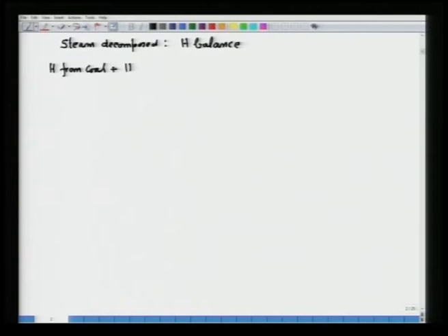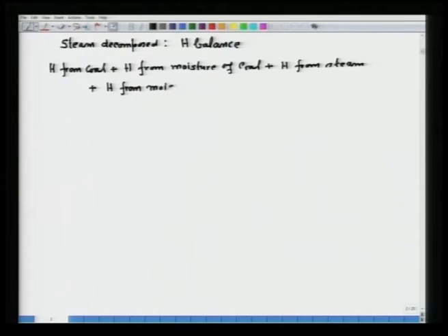plus H from moisture of coal, plus H from steam, because you are supplying steam whose amount is given, plus do not forget to add H from moist air, because when you have the moist air, then H will also enter into the system.